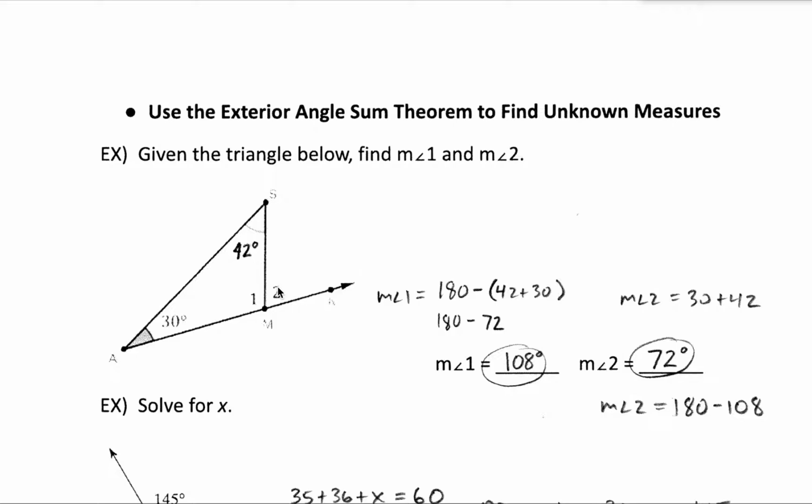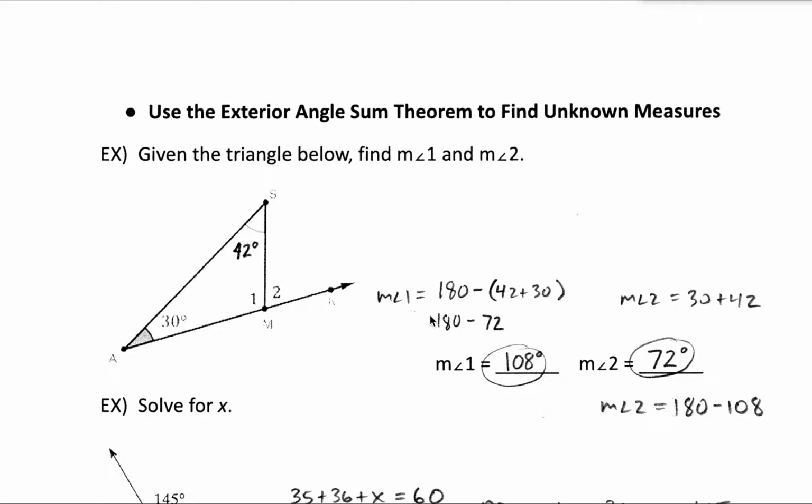From there, we could solve for our adjacent angle 1. It's just a linear pair, so those two angles are going to create this line or add up to 180 degrees. So we could subtract what we know so far, 72, from 180 and get that interior angle measure.